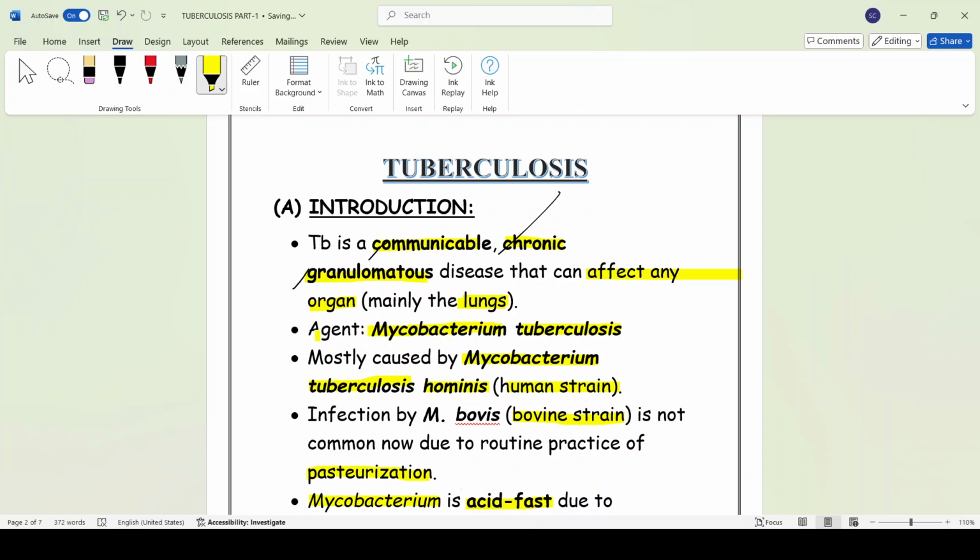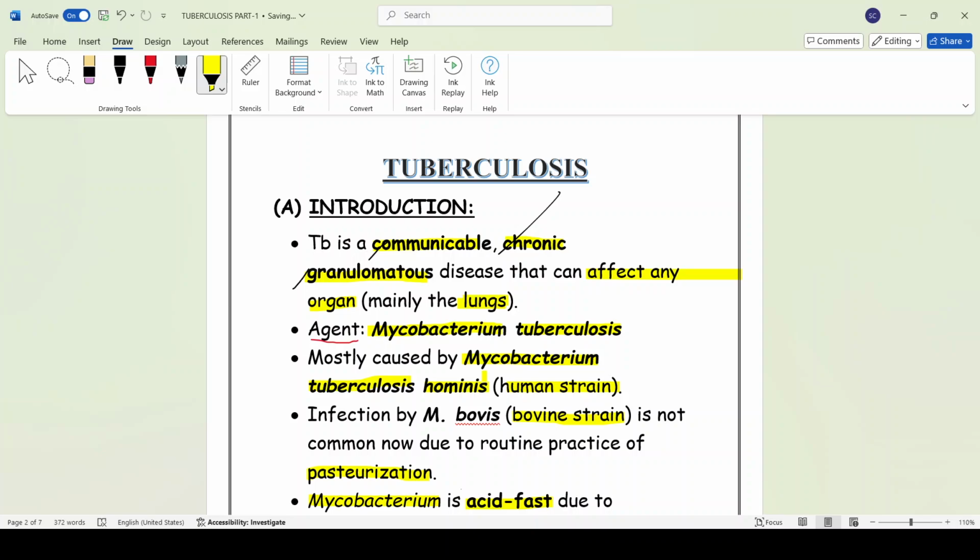Now coming to the agent of the disease. The main agent is Mycobacterium tuberculosis. Mostly TB is caused by two strains of Mycobacterium: Mycobacterium tuberculosis hominis and Mycobacterium bovis.